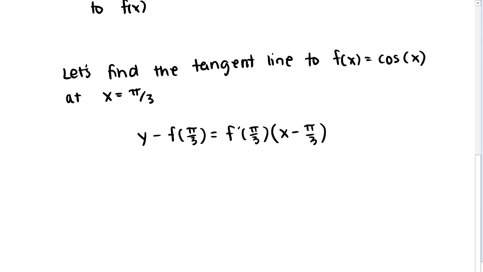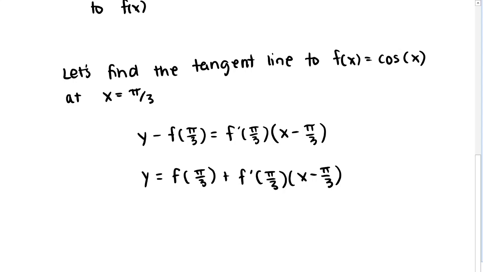So this is going to give us the tangent line to our curve at x is equal to pi over 3. Let me just rearrange this so that the y variable is isolated. Let me add the y value f of pi over 3 to both sides, giving us f of pi over 3 plus f prime of pi over 3 times x minus pi over 3.